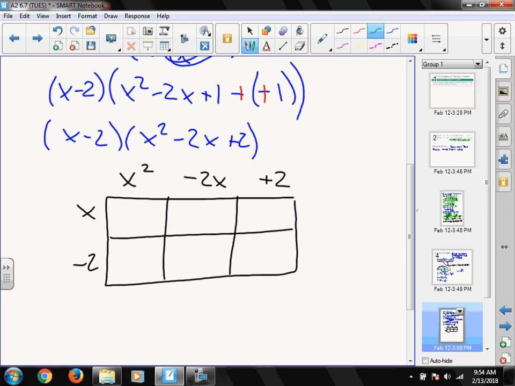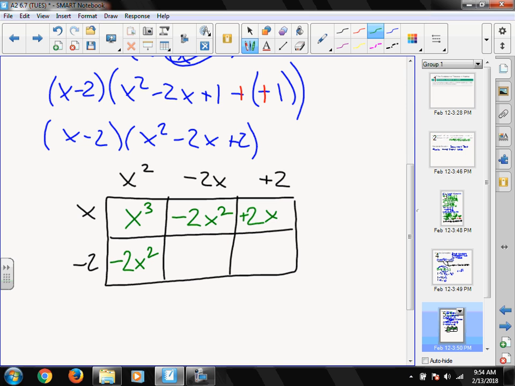x squared times x is going to give me what, Landon? Just x cubed. Yep. Negative 2x times x, negative 2x squared. x times negative 2, negative 2x. Negative 2 times x squared.